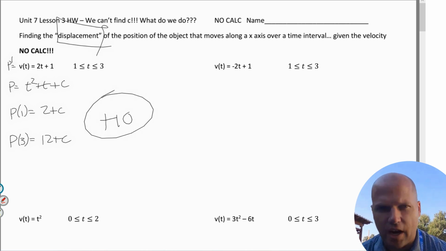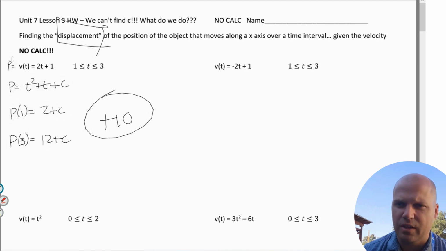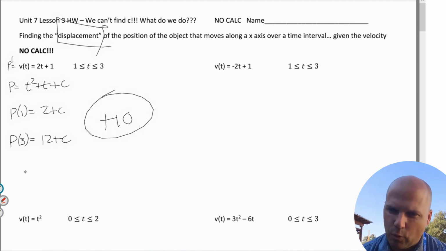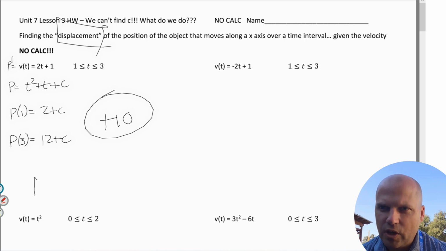You just like end right there and just do the rest of these problems and be fine with it. Without really understanding that, what you actually found was an accumulation of something.